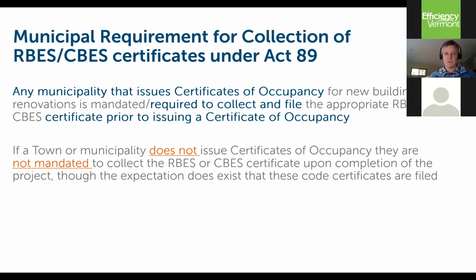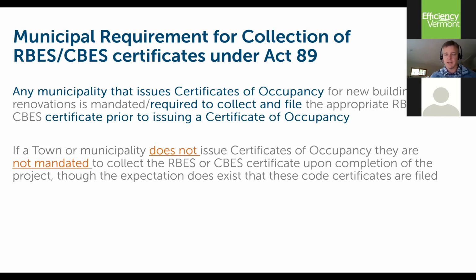If a town doesn't issue certificates of occupancy, the expectation and the requirement is still there that anyone building a home in that town files the code certificate with the town upon completion. But the town is under no obligation to chase down code certificates if they're not issuing certificates of occupancy.